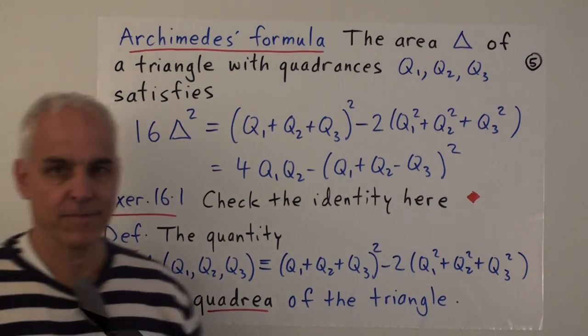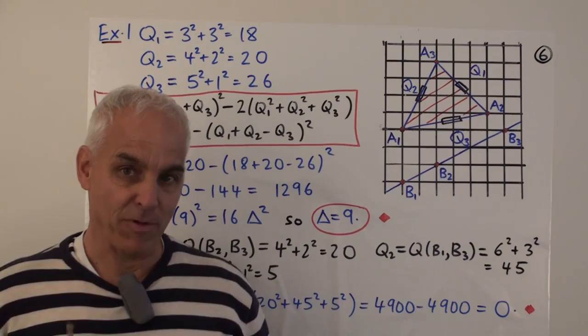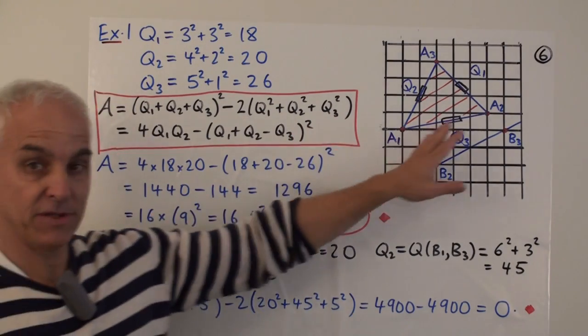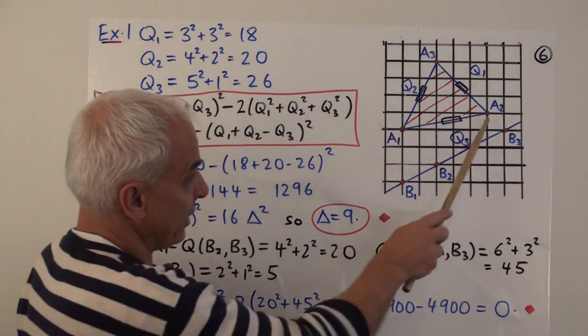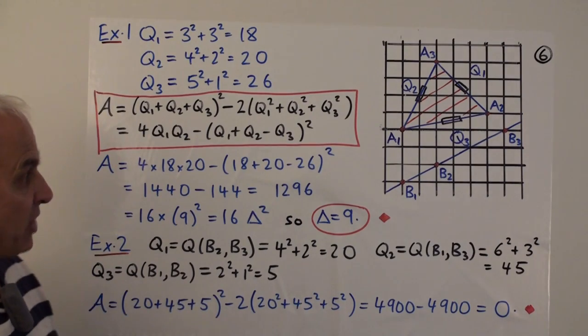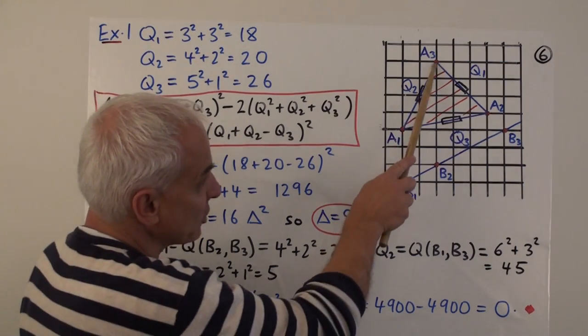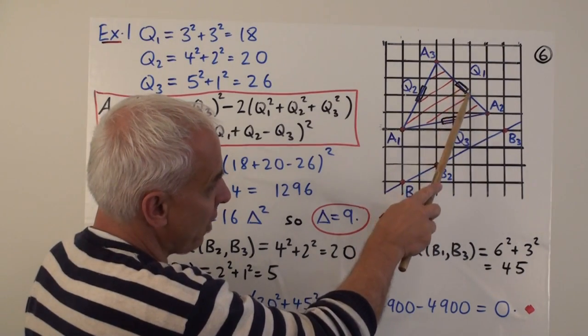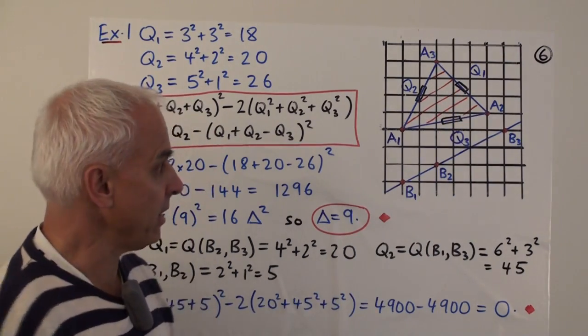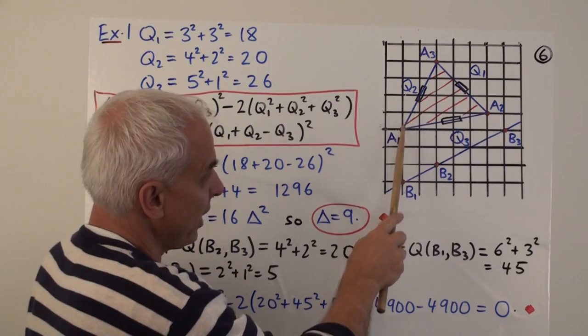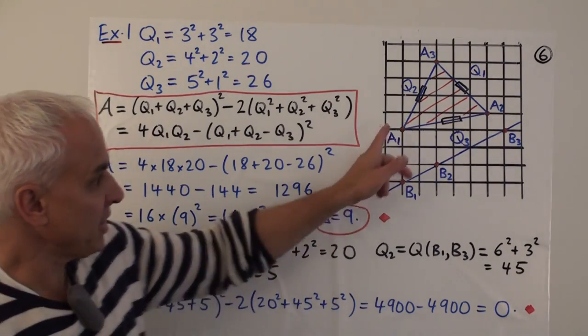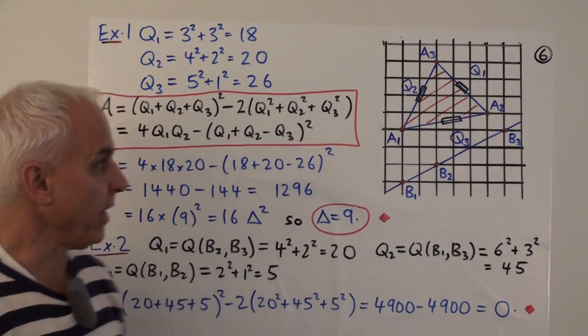Archimedes' formula. All right, so let's look at an example. Let's go back to that triangle that we considered at the beginning. Let's call it A1, A2, A3 now, so that the notation is similar to what we have in our formula, with quadrances Q1, and we'll denote that quadrance with a little rectangle along the side. And here's Q2, and here's Q3. We're interested in the area of that triangle, A1, A2, A3.